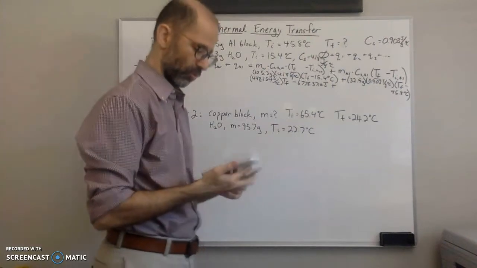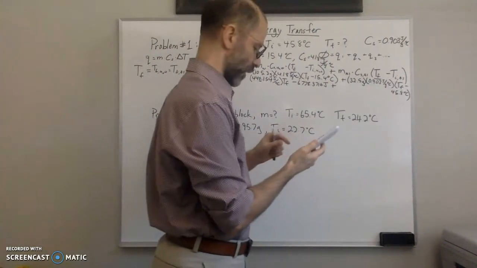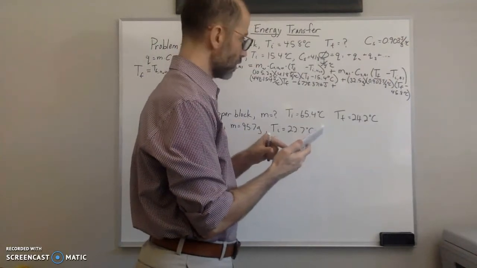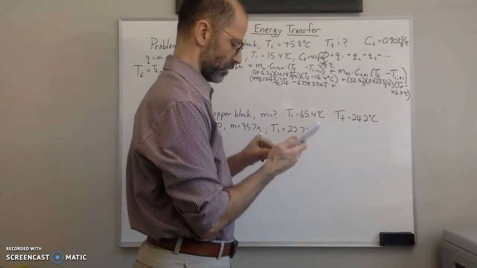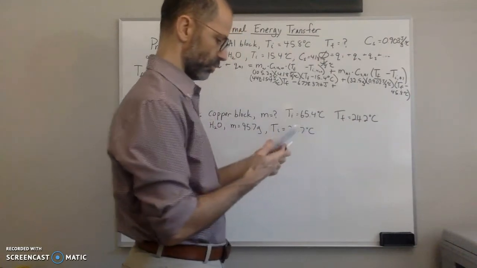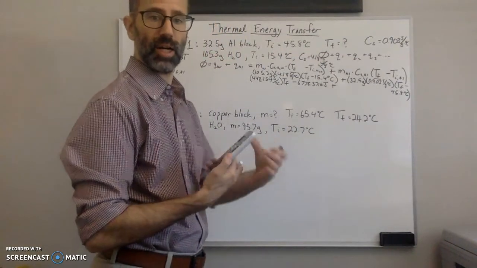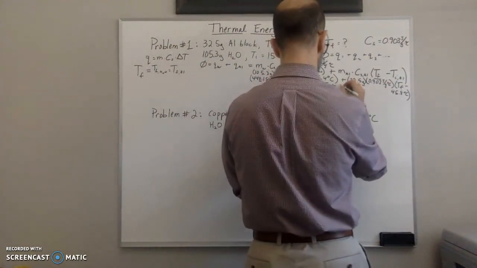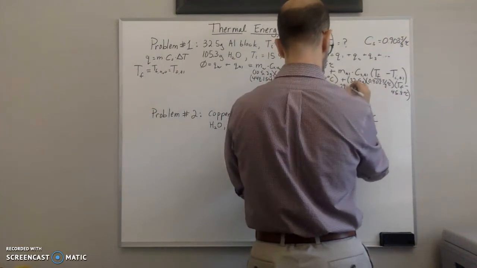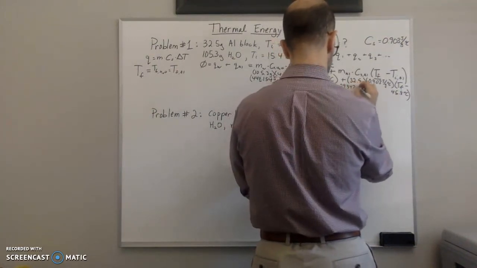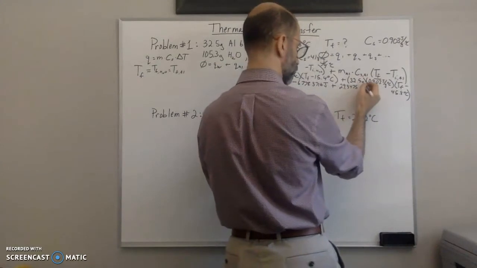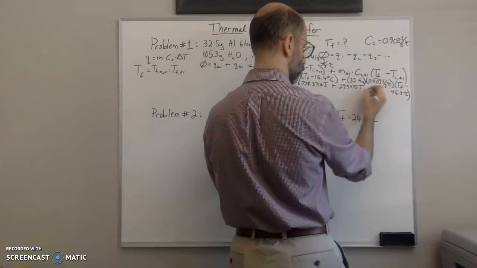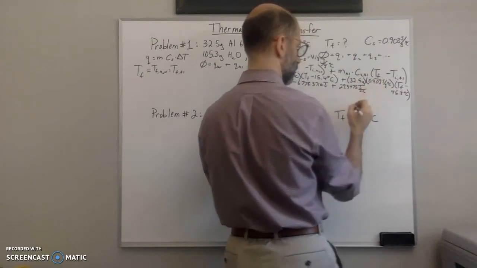So if we do this one, we're going to have 32.5 times 0.903 equals 29.3475. And again, grams over grams gives us joules over degrees Celsius, right?